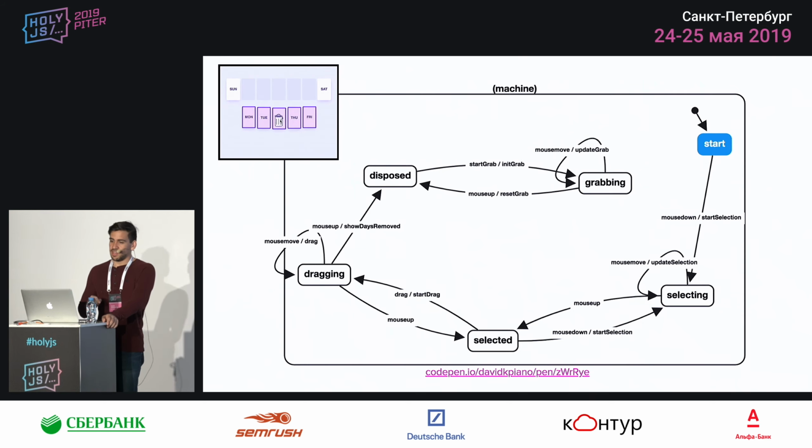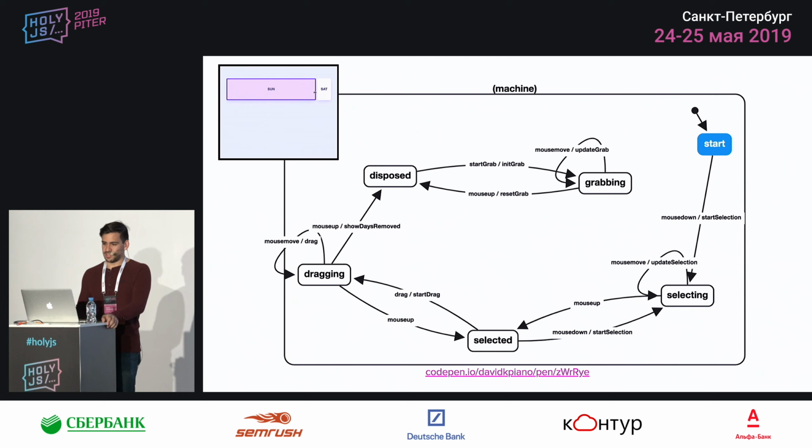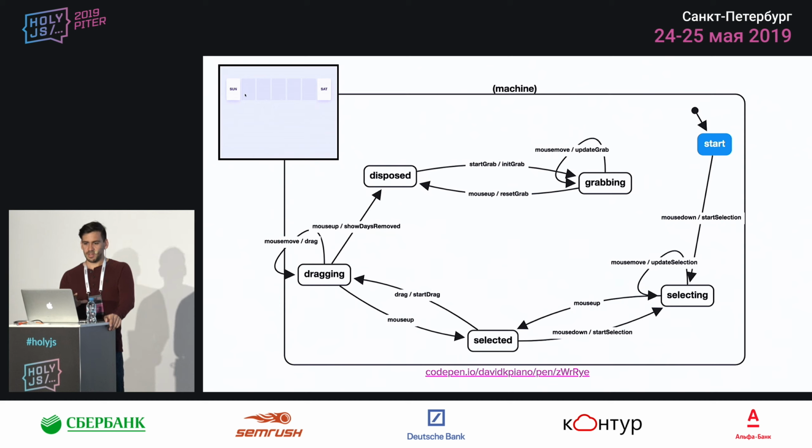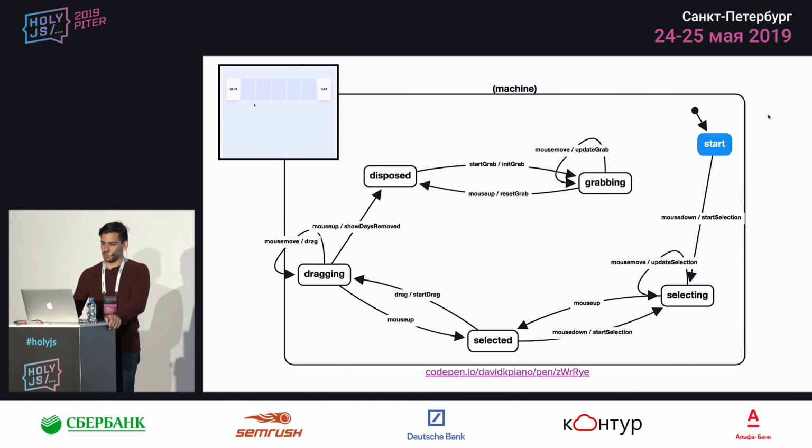Turns out that this was a lot more complicated than I thought, and instead of doing it with code and with React or whatever, I sat down and said, you know what? We should model this as a state machine, where each of the different states models what phase we're in. We could at first be in the start state, and then the selecting state where we're drawing that rectangle.